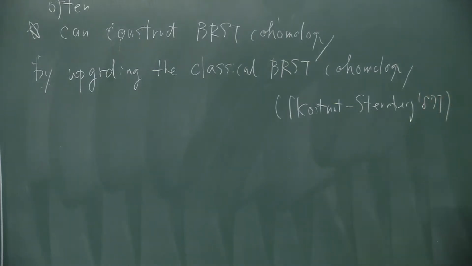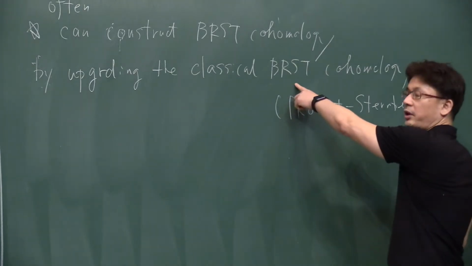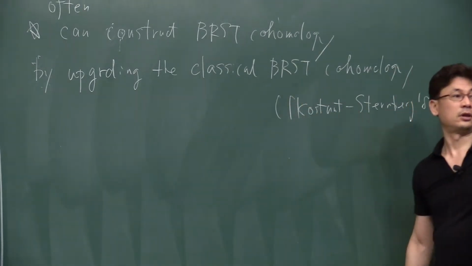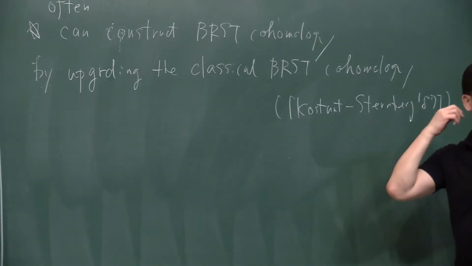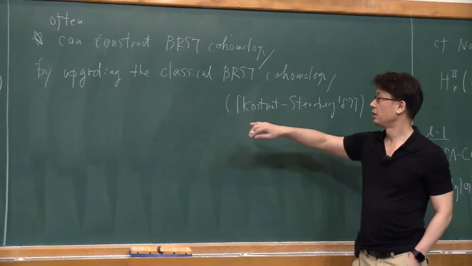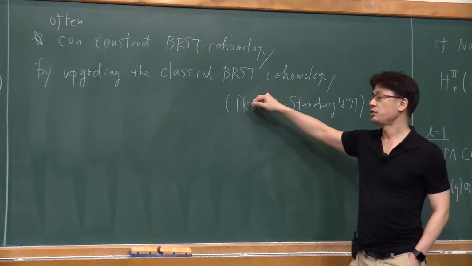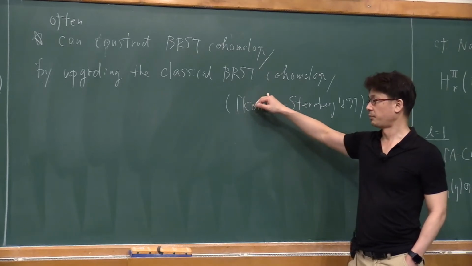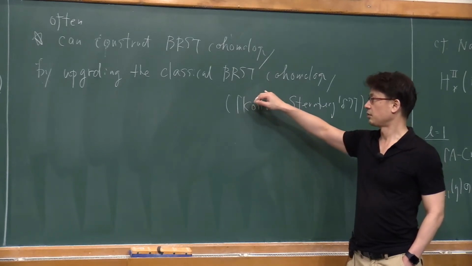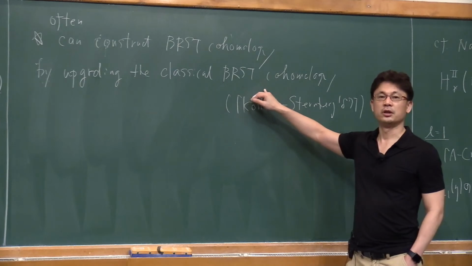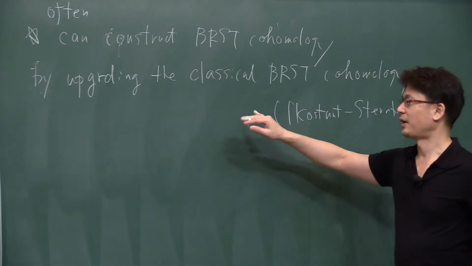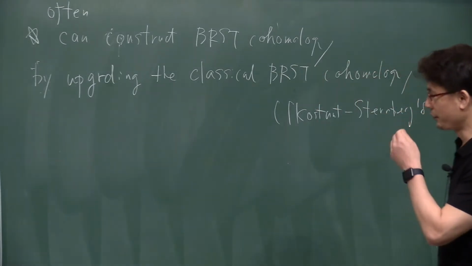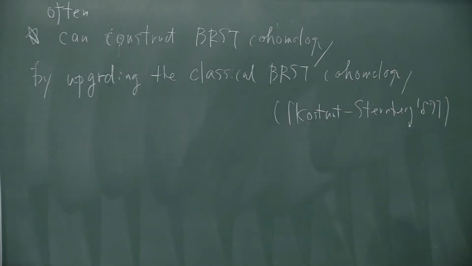What they did is they gave an algebraic construction of Hamiltonian reduction. They described functions on the reduced Poisson manifold as a BRST cohomology of the original functions on the Poisson manifold.